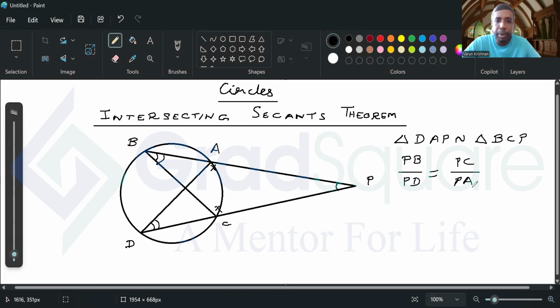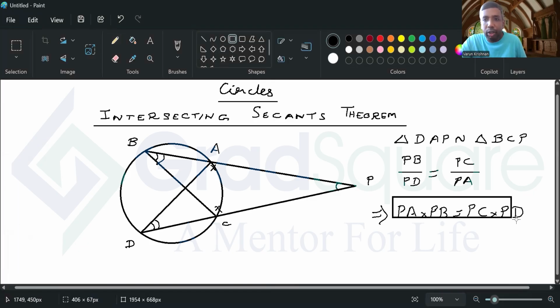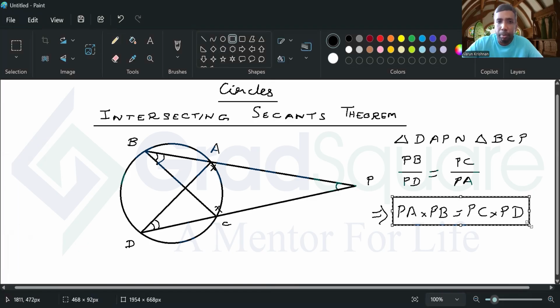So PB by PD will be equal to PC by PA, because the ratio of corresponding sides of similar triangles are equal. If we cross multiply, then we get PA into PB will be equal to PC into PD. And this is what the secant section theorem states: the product of the sections of two intersecting secants are equal. PA into PB will be equal to PC into PD.